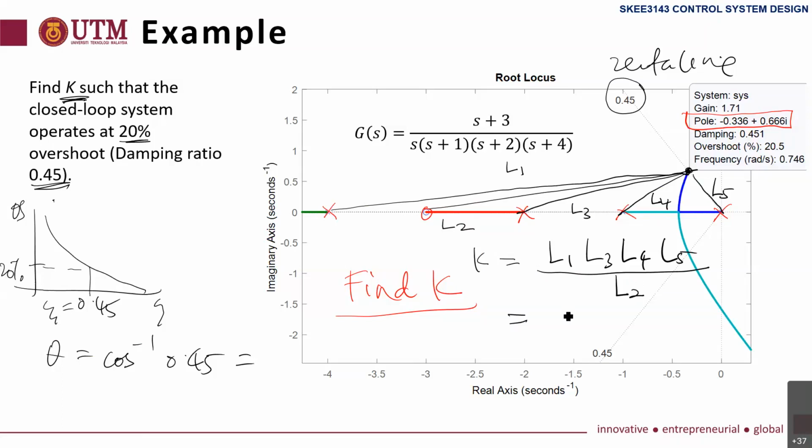If you calculate, it should be around 1.71. Okay, I'm not sure. Using this pole, this value, you can use Pythagoras theorem, get the distance, and then you apply this formula. You should get about 1.71.